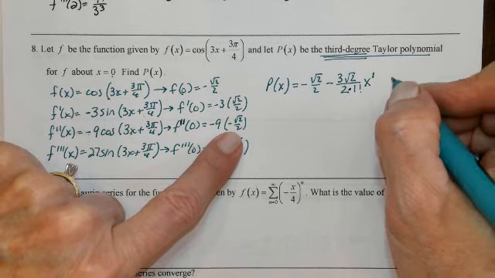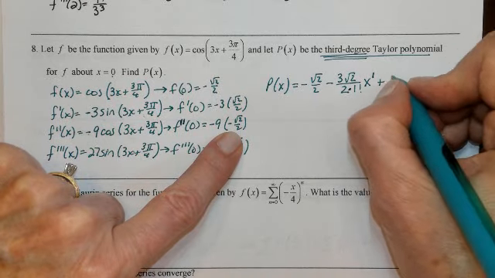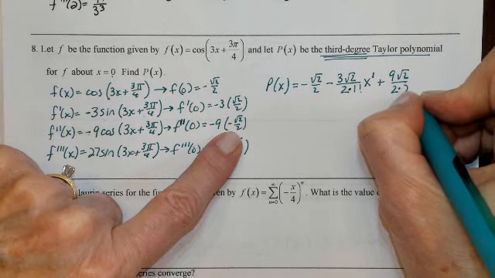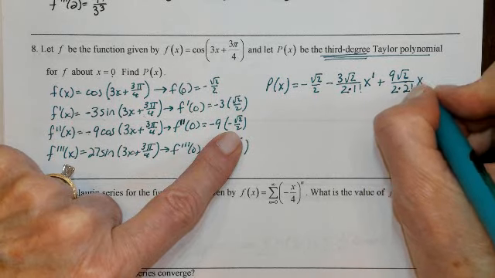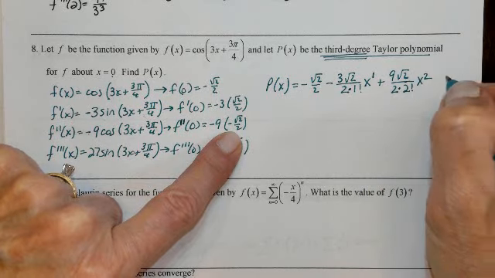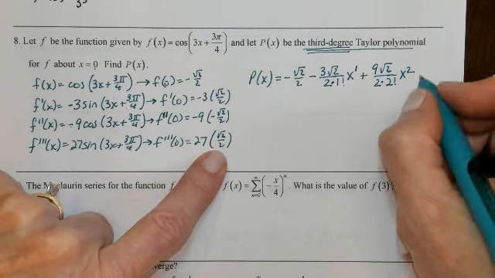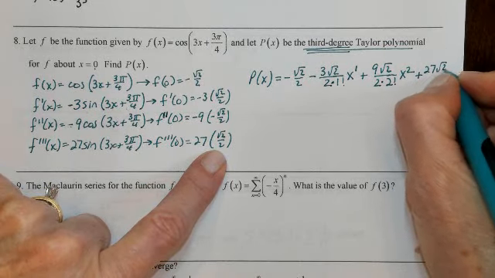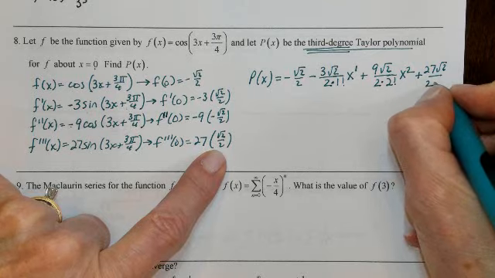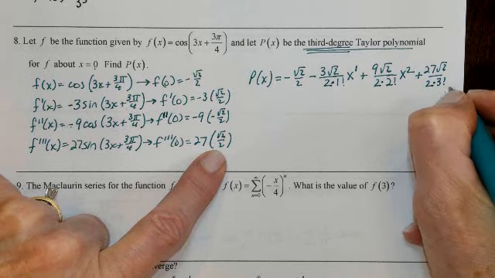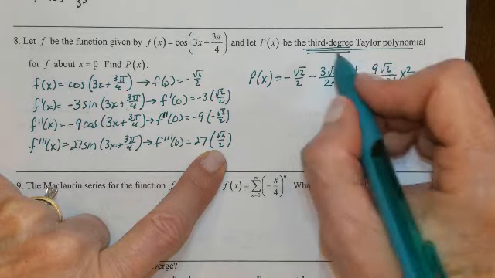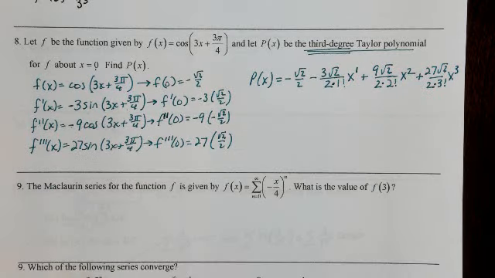Go to your second derivative term, plus 9 square root of 2 over 2, divided by 2 factorial, x squared. Go to your third derivative term, plus 27 square root of 2 over 2, divided by 3 factorial, x cubed. And that is the third degree Taylor polynomial.